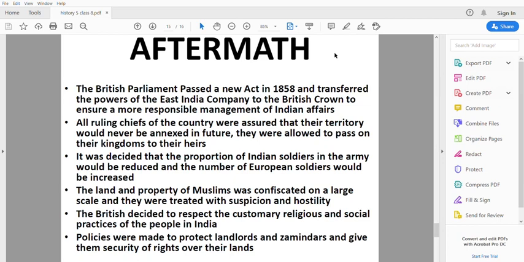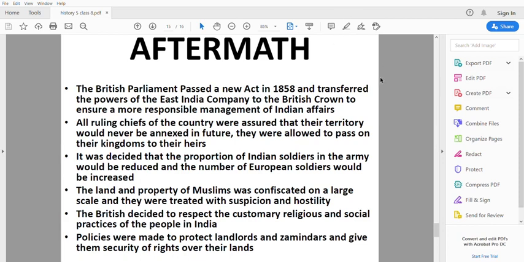The British Parliament passed a new act in 1858 and transferred the power of the East India Company to the British Crown to ensure a more responsible management of Indian affairs. Earlier, India was ruled in the name of the British East India Company, but after the revolt of 1857, the rule of India was transferred to the British Crown.